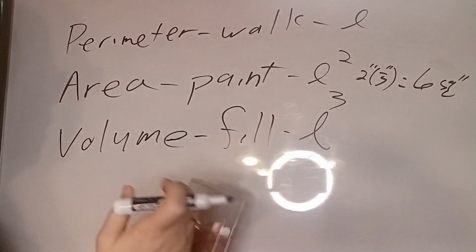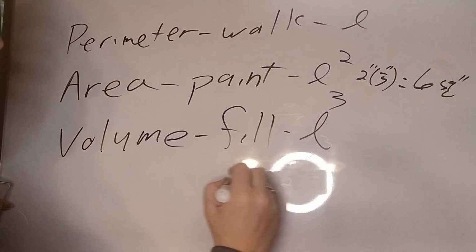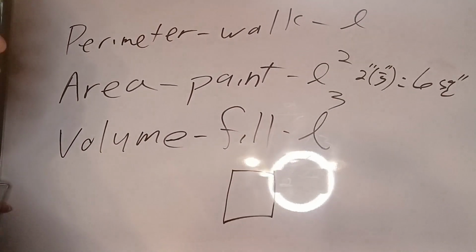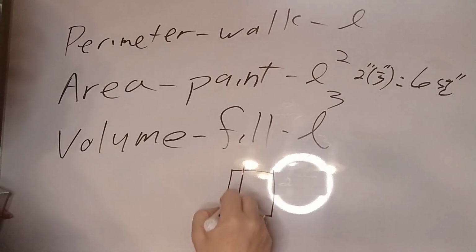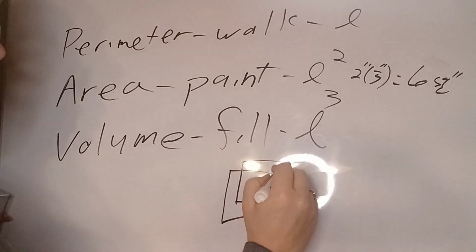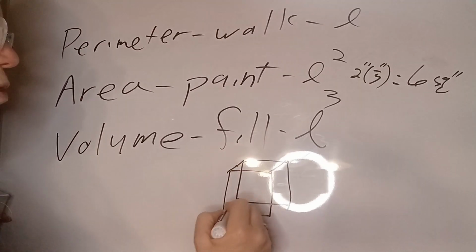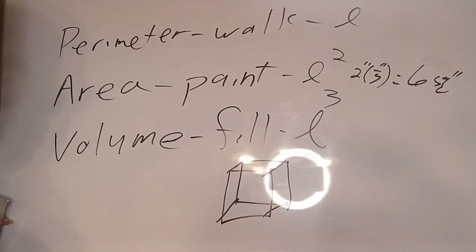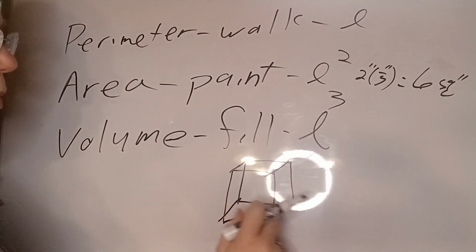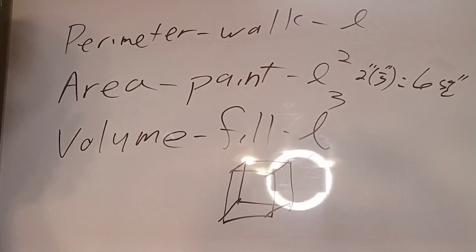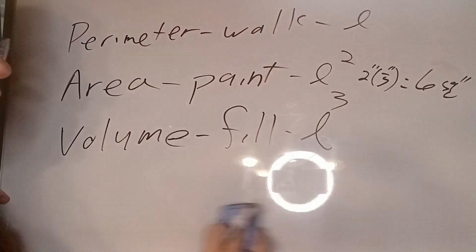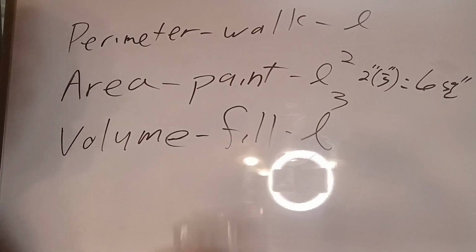Okay? So to draw a volume, you draw the square, and then you draw the same square just moved over a little bit, and then you connect the corners. Okay? So now we need to find the three different dimensions and multiply those numbers. So let's look at our box.